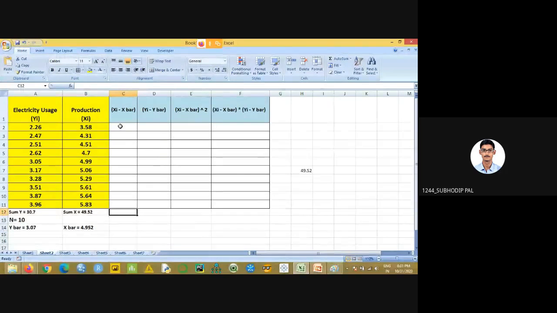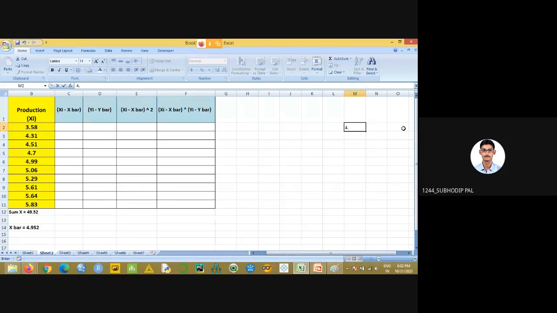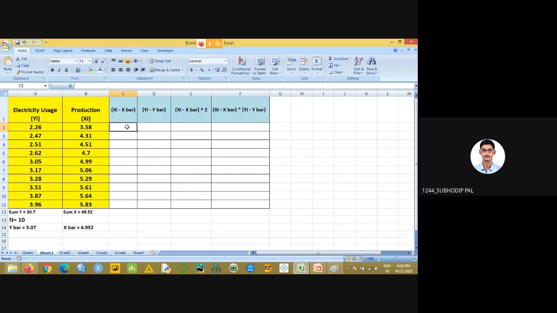Now we have to calculate xi minus x bar. Xi minus x bar means 3.58 minus 4.952, then 4.31 minus 4.952, then 4.51 minus 4.952, like that we have to calculate. How much are you getting for the first one?